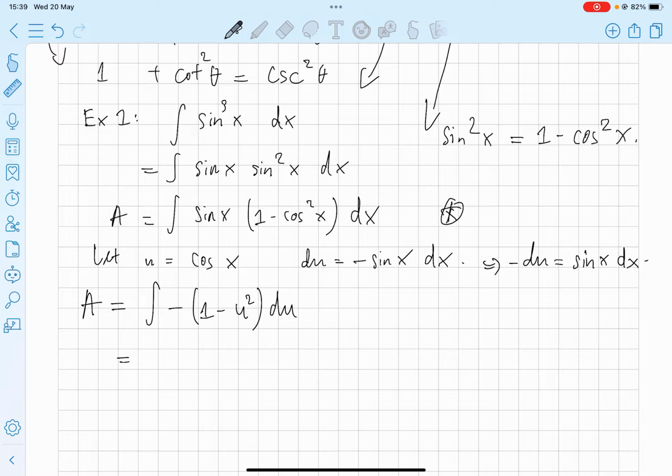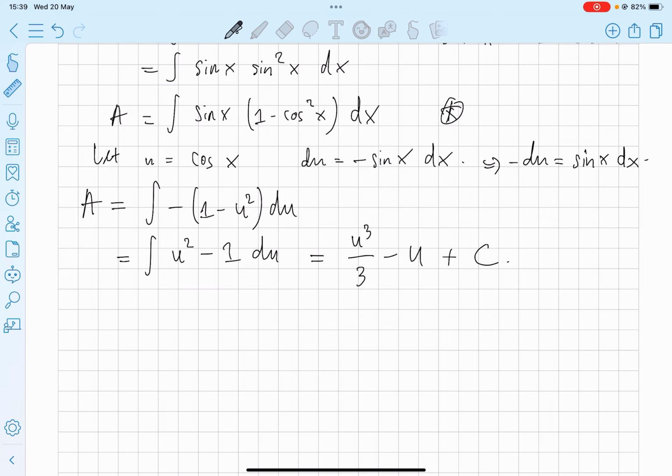It will equal the integral of u squared minus 1 du, which equals u cubed over 3 minus u plus C. Then you substitute cosine back into this, and it will give you cosine cubed of x over 3 minus cosine x plus C. So this is the answer for this problem.